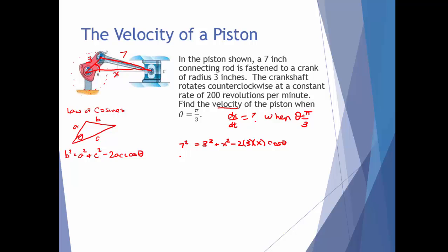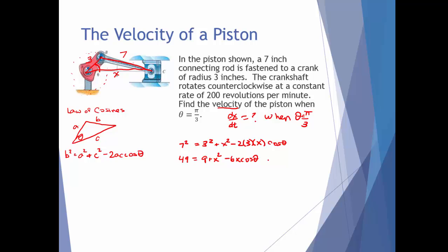We can square the 7, we'll get 49. We'll have 9 plus x squared minus 6 times x times the cosine of theta. So that's the equation that's going to relate our knowns and our unknowns. Our unknown being x and our known being theta.